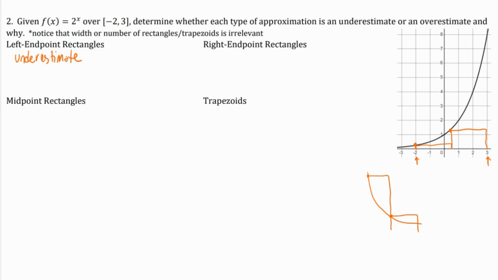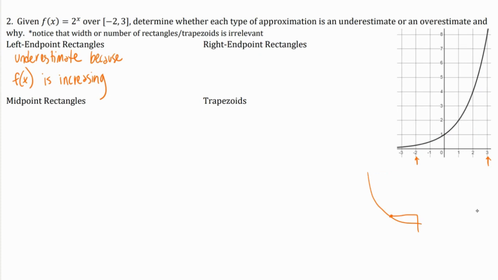It's because f of x is increasing. If f of x was decreasing, left endpoint rectangles would be overestimates. But because they are underneath the function, we've got this missing area here and here, so my rectangles are an underestimate.